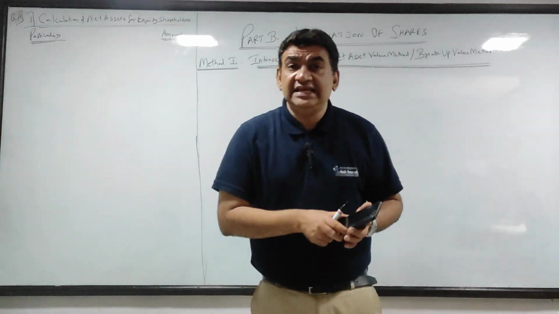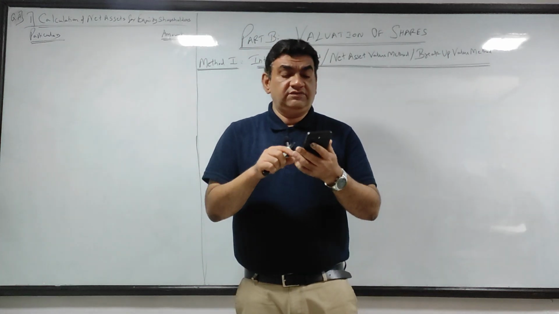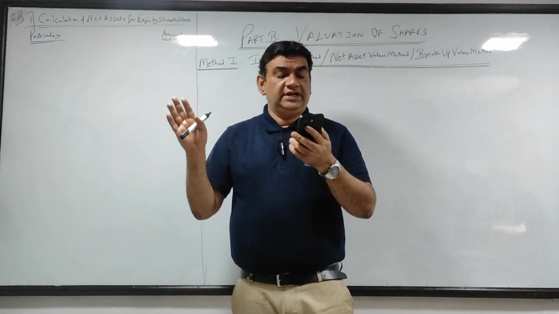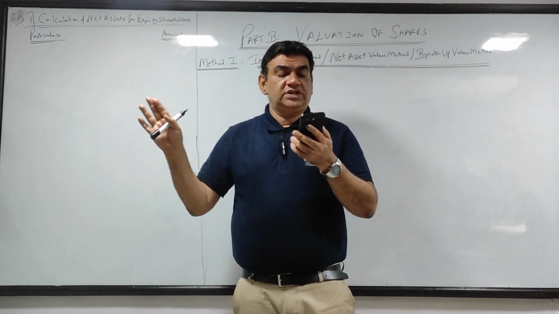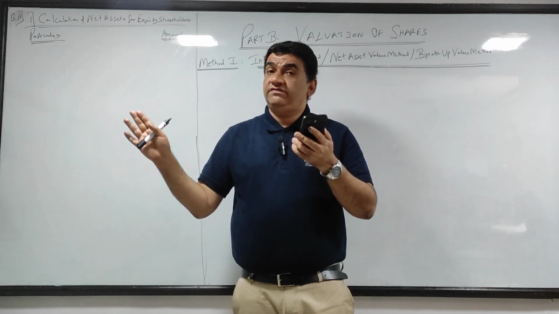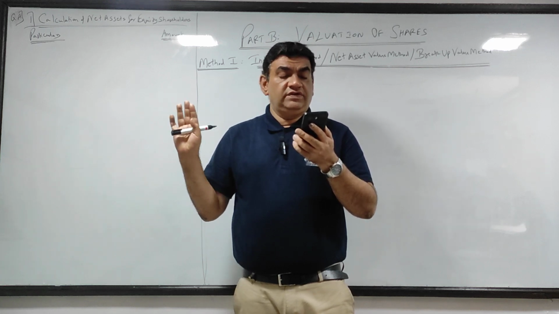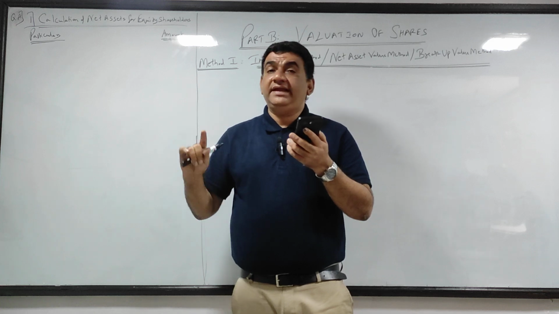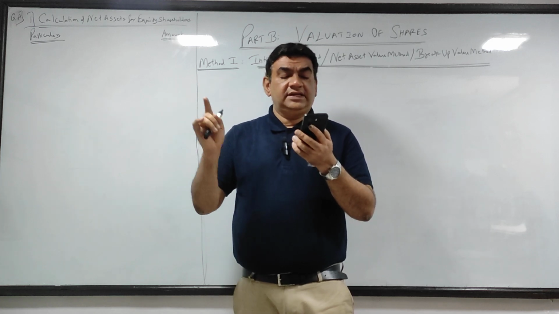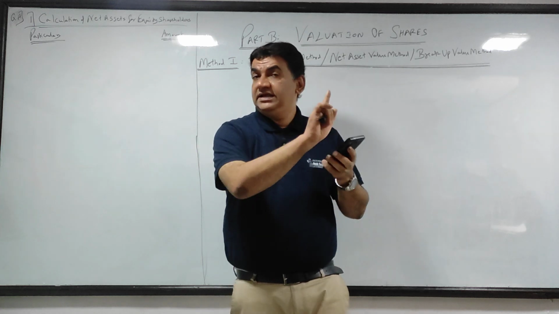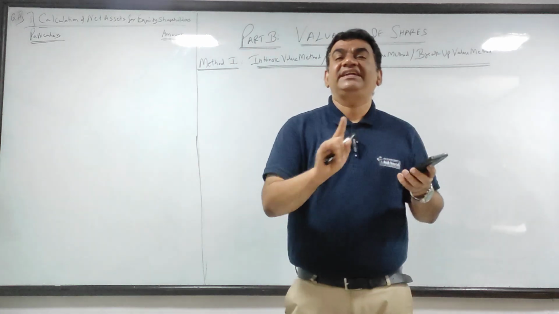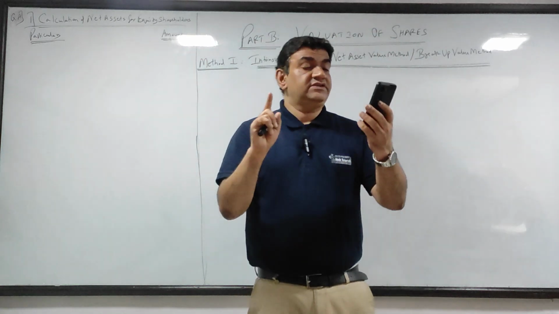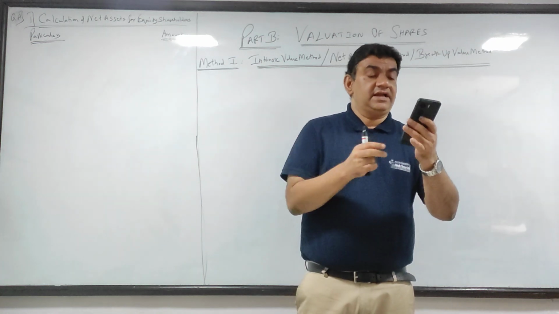So looking at the balance sheet, first, land and building you will take, plant and machinery you will take, furniture fittings you will take, goodwill you will take, both the investments you will take, stock you will take, debtors you will take, cash at bank you will take. Preliminary expenses is a fictitious asset, it will not come.